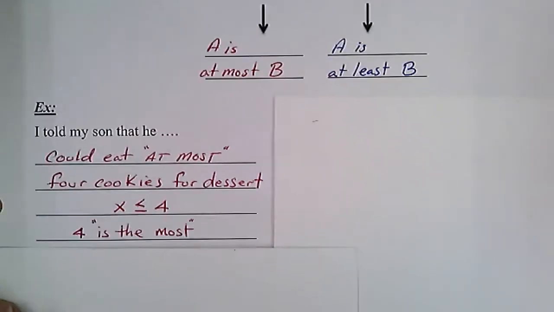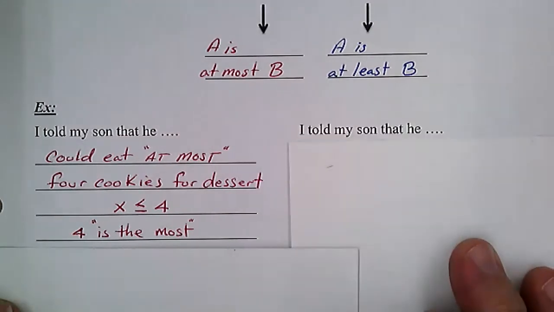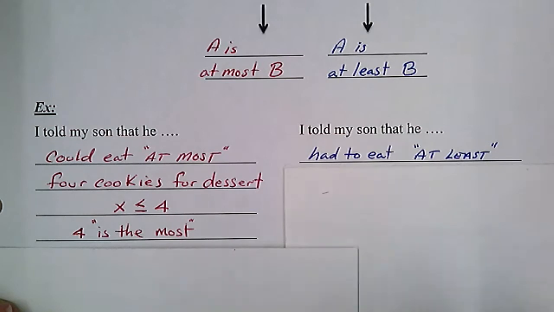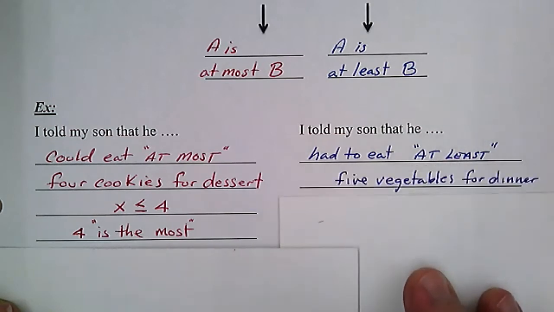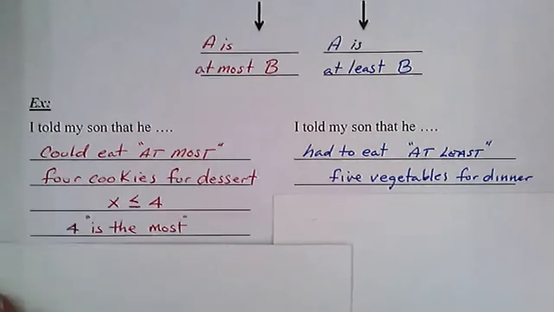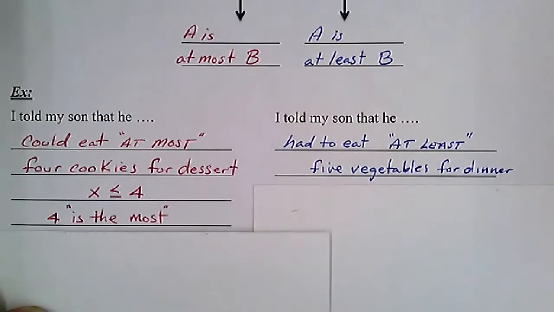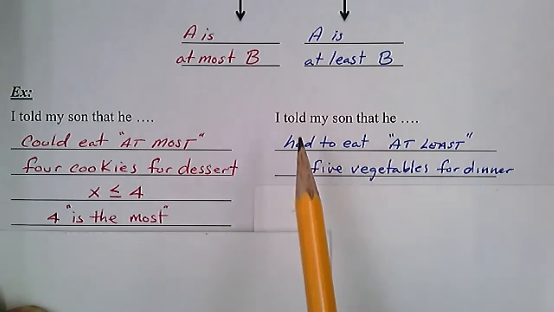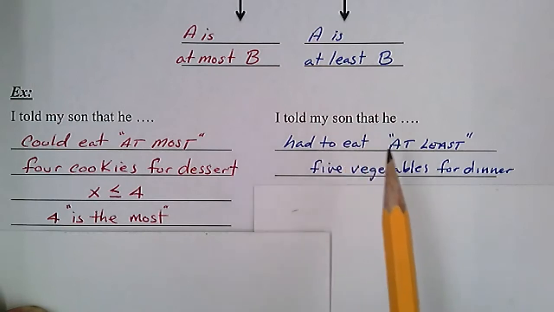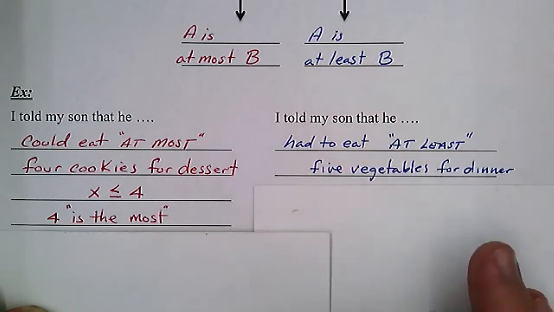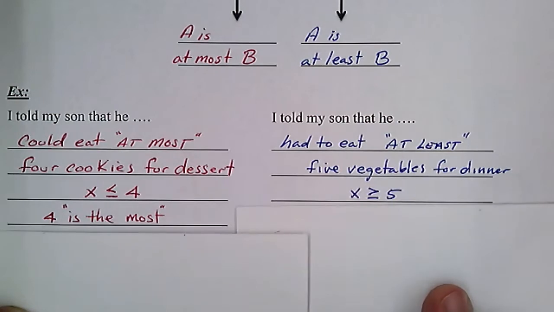Okay. Now over here, I told my son that he had to eat at least 5 vegetables for dinner. He's not crazy about vegetables. I'm not either. Some people love vegetables, but I don't really like them, and my son doesn't really like them. So I'm telling him he has to eat at least 5 vegetables. So the way we'd write that is we would say greater than or equal.